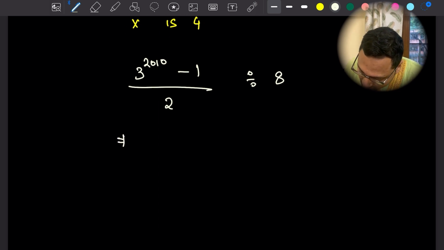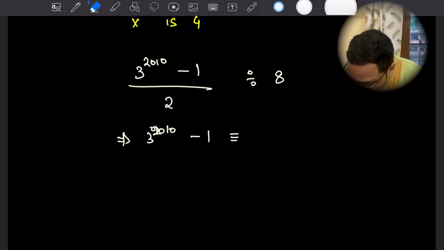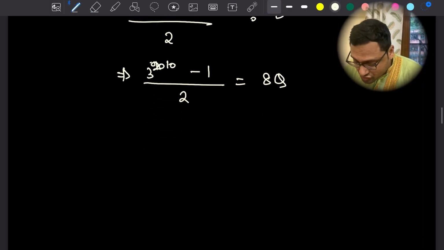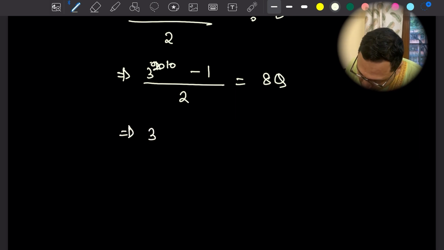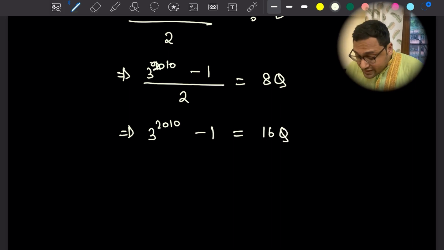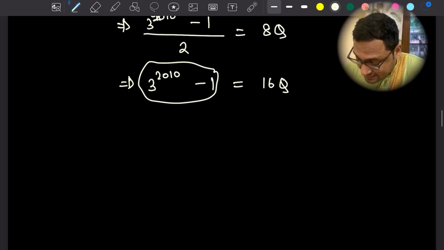Which means that 3 to the power 2010 minus 1 divided by 2 is equal to 8 times some quotient, or 3 to the power 2010 minus 1 is equal to 16 times some quotient. So is this quantity divisible by 16? That's the question.